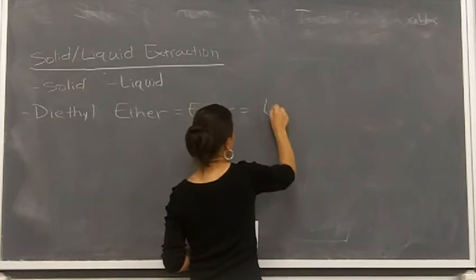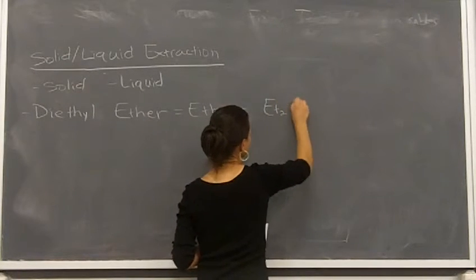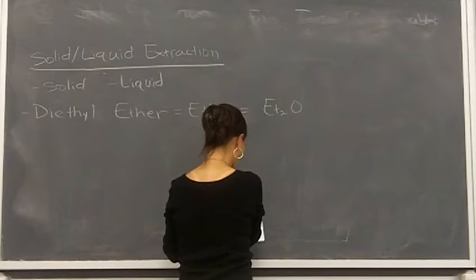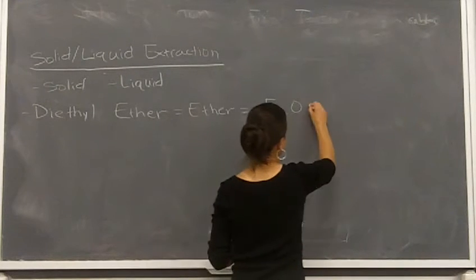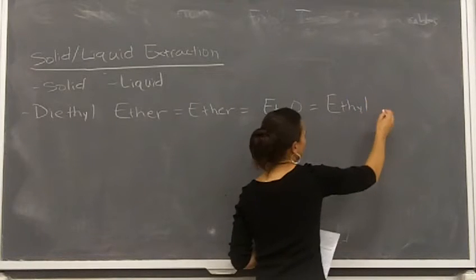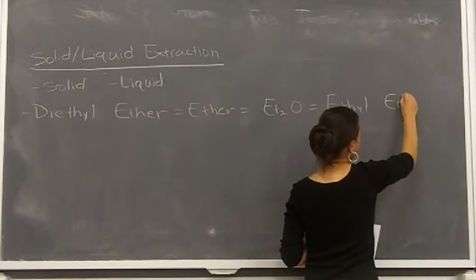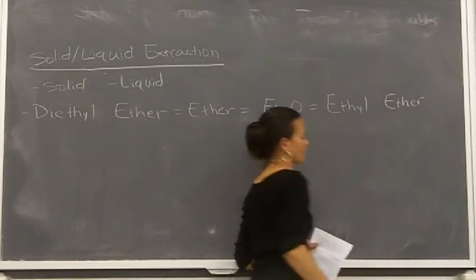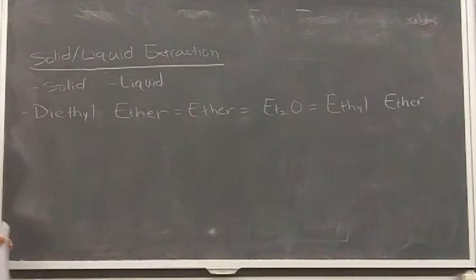It's also known as this. You could get rid of the di too, ethyl ether. These are all the same thing as far as what we're talking about in the organic lab, okay?